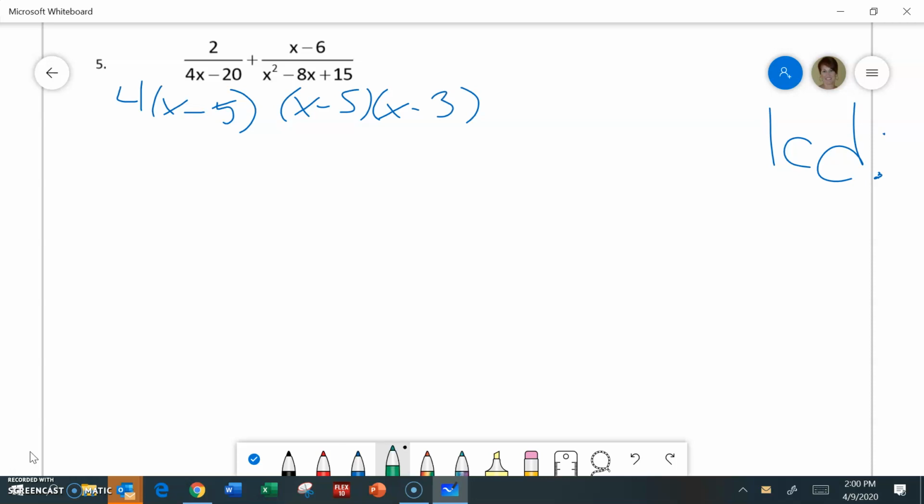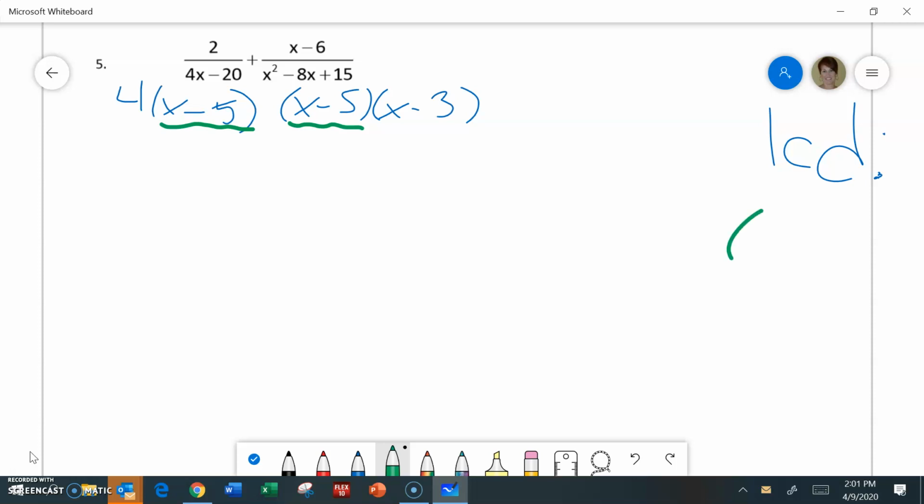It is no coincidence, once again, that they already have a factor of the denominator that is the same. But remember, you're not taking things away. We have to write both of these fractions with the same exact denominator. The first fraction has 4 times x minus 5, and the second fraction has x minus 5 times x minus 3.